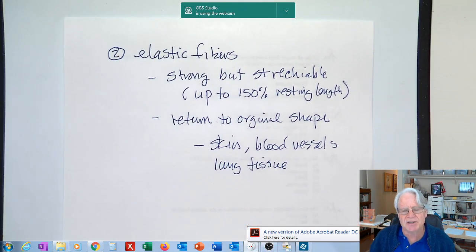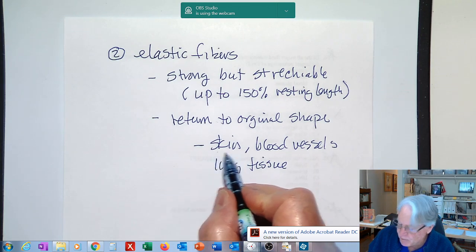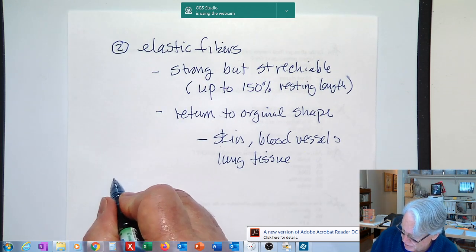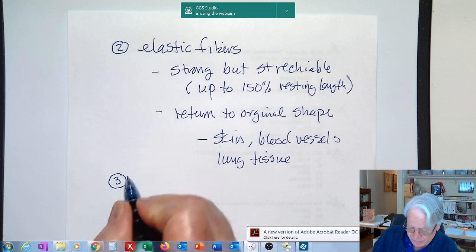So all of these areas where you want this elastic quality, you have a lot of elastic fibers. And in fact, as you get older, those elastic fibers begin to break down, your skin begins to sag. So I'm experiencing that even as we speak.